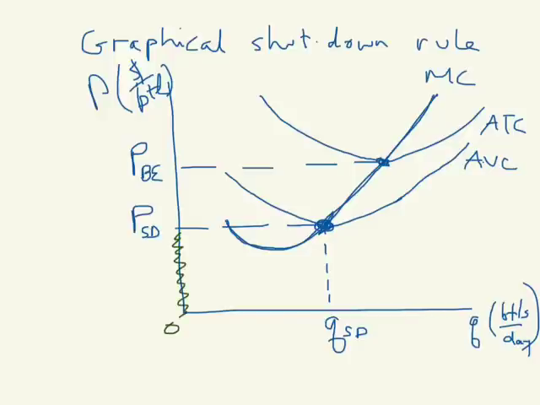But once the price is greater than or equal to the shutdown price, the firm is going to produce where price is equal to marginal cost. Well, that means the supply curve is this green function. It's the marginal cost curve above the shutdown price, and we've been using that all along. I've waved my hands at it, but now we've derived that officially.